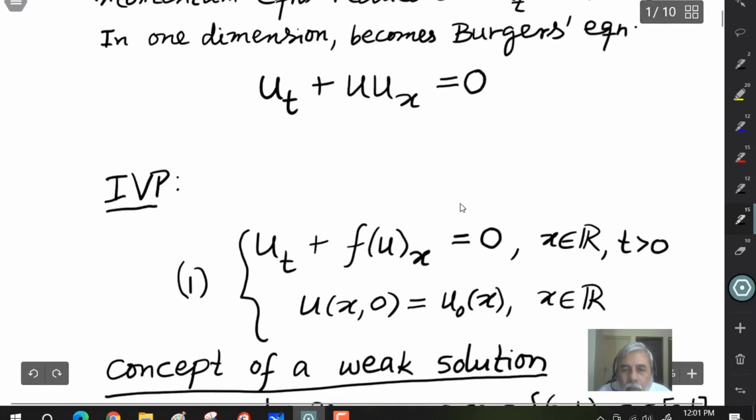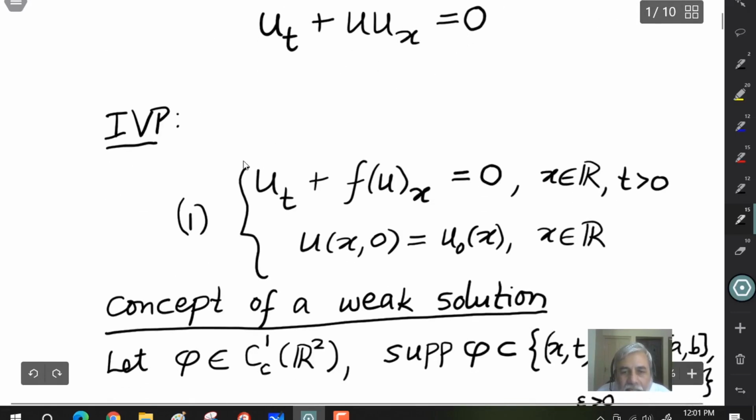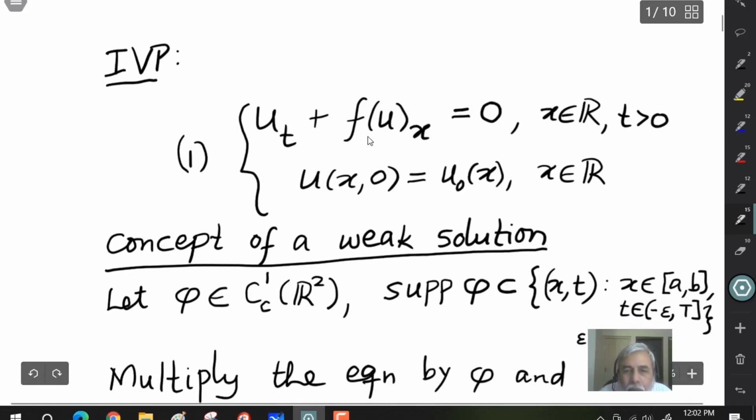Most of the discussion on conservation laws is confined to the initial value problem. So u_t + f(u)_x = 0, and some initial condition is given. As you go along, we'll precisely tell you the assumptions on the nonlinearity f and also on the initial condition.